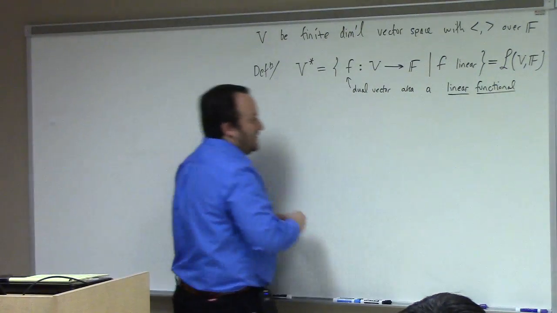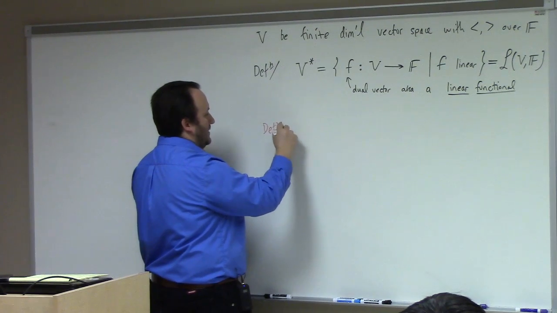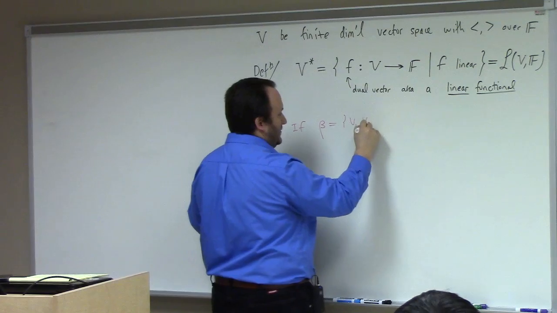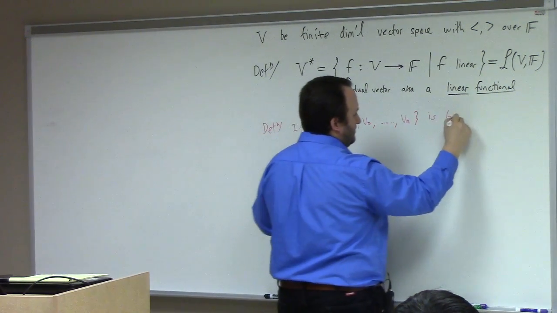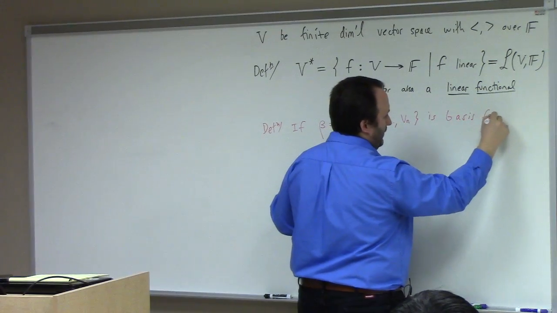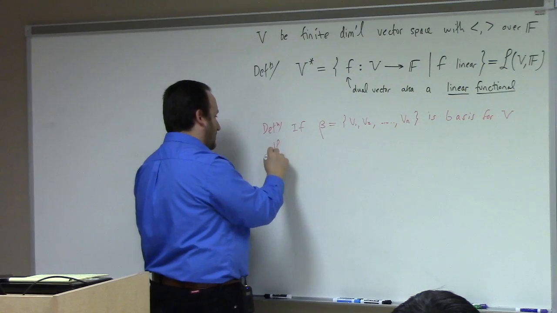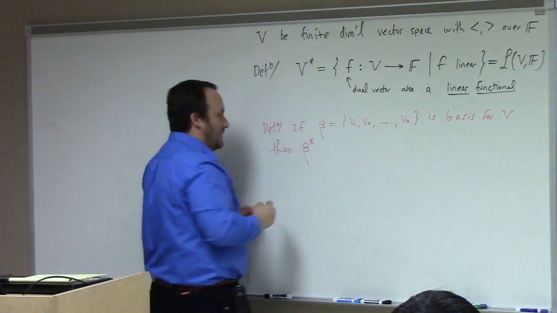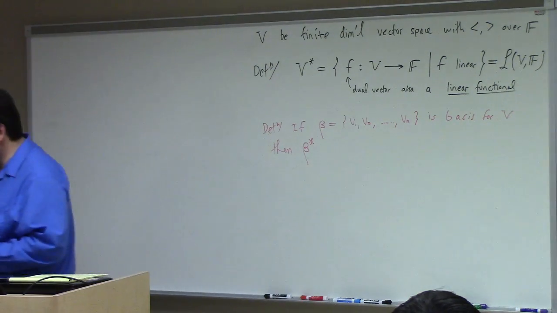So, fundamental definition. If beta = {v1, v2, ..., vn} is a basis for V, then beta with an upper star on it is the so-called dual basis to the basis.